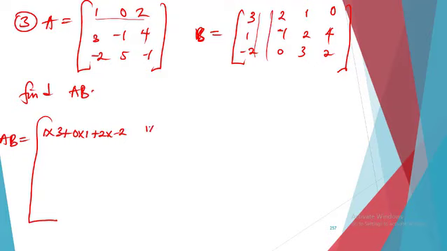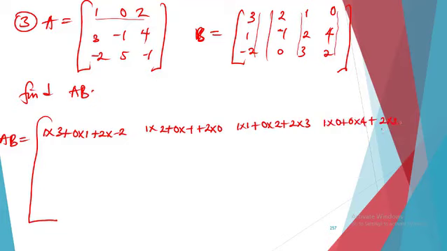We have 1 times 2 plus 0 times minus 1 plus 2 times 0. We'll go over to this. We have 1 times 1 plus 0 times 2 plus 2 times 3. Then the last one, we have 1 times 0 plus 0 times 4 plus 2 times 2.